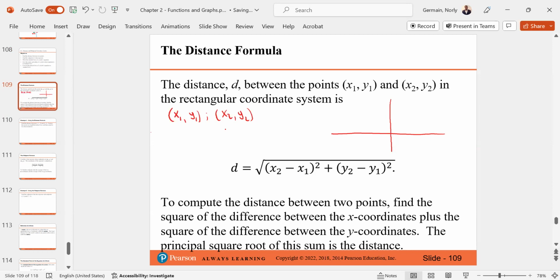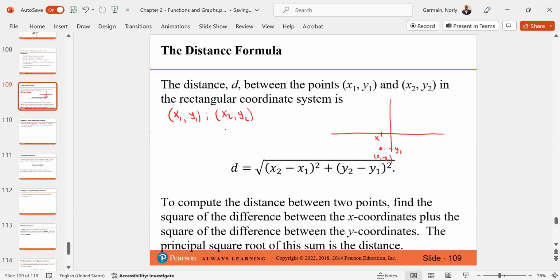Suppose my x1 falls right here, and my y1 falls right here. So this point right here is x1, y1, my first point.